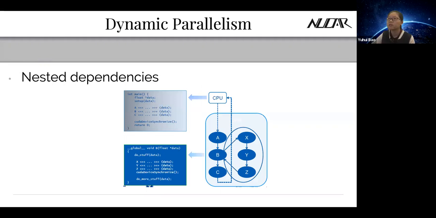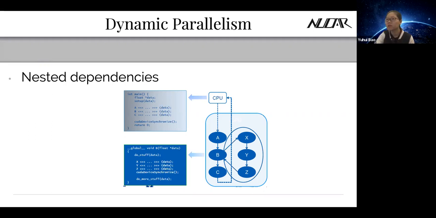This is another case. In this code, the CPU launches three kernels, A, B and C. Inside kernel B, it launches another three kernels.